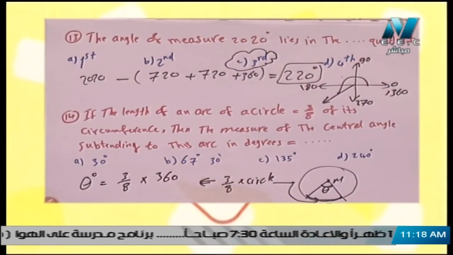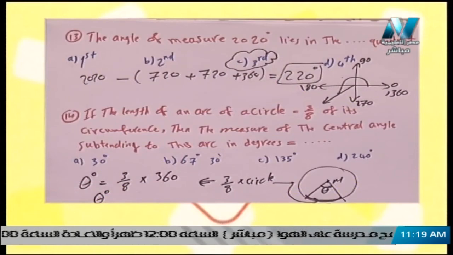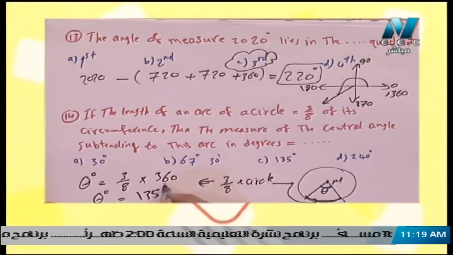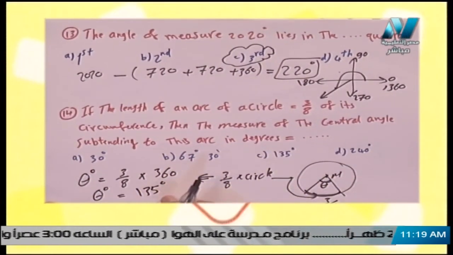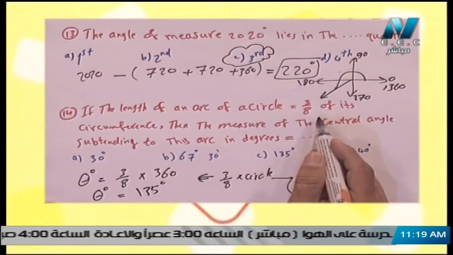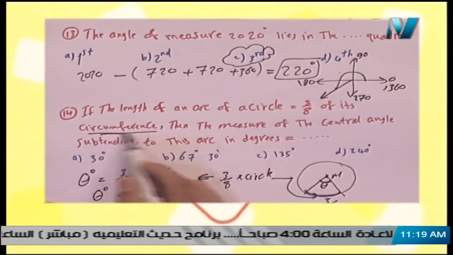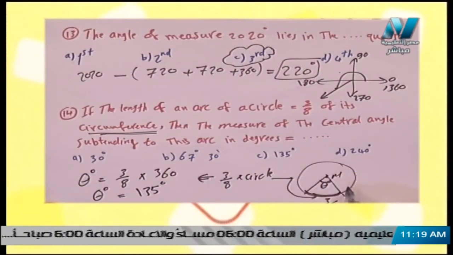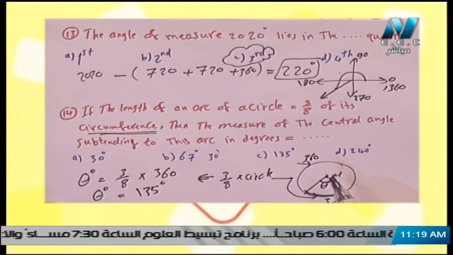By using your calculator, you can find out that theta degree equals 135. So the answer here is 135 degrees for the central angle, which is 3/8 of the whole circumference. We know that the whole arc equals 360 degrees as a measure.